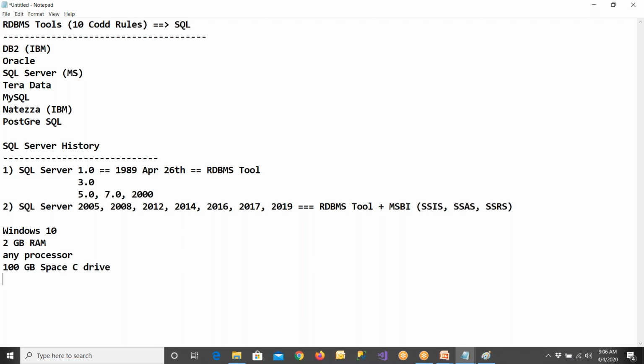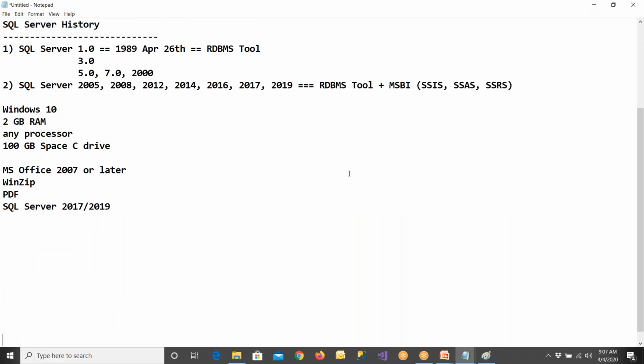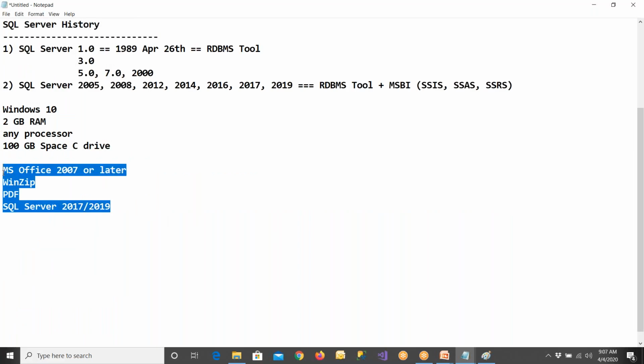You have to install MS Office compulsorily, MS Office 2007 or later. WinZip needs to be there, a PDF reader has to be installed, and the SQL Server current version or previous version, 2017 or 2019. One of these you should take and install on your laptops.